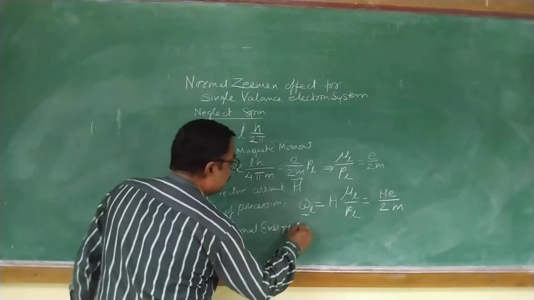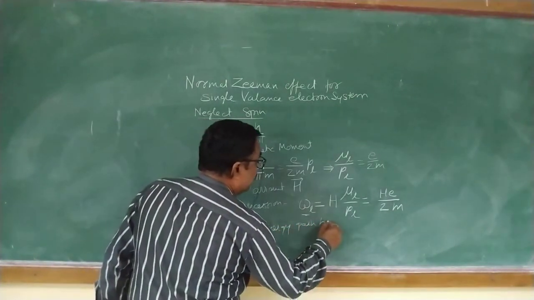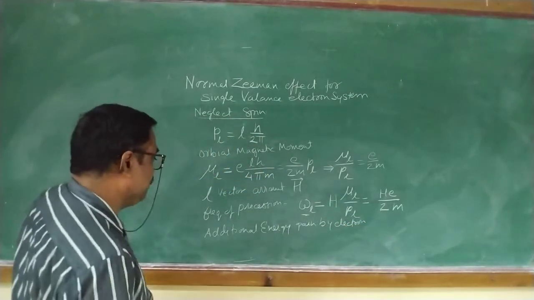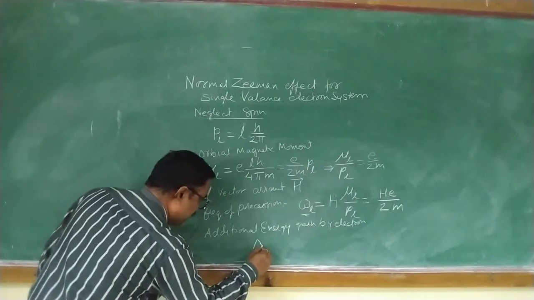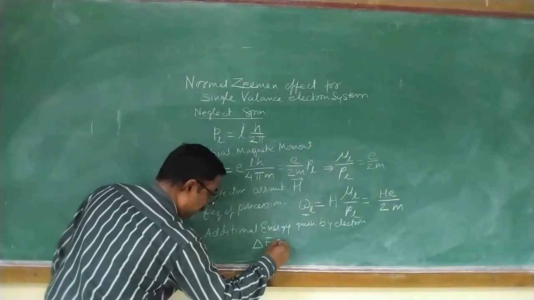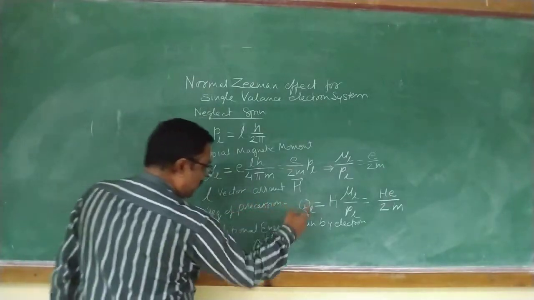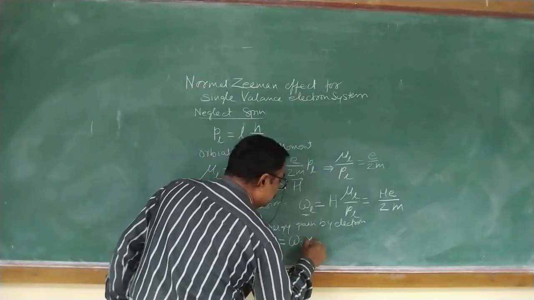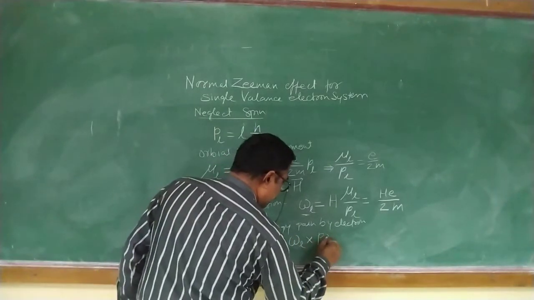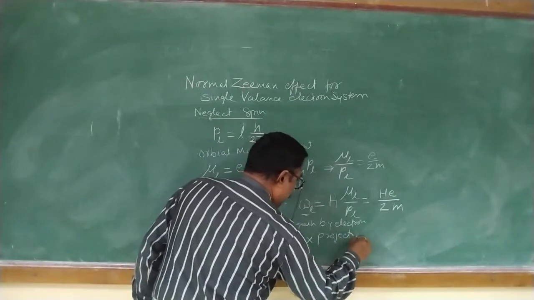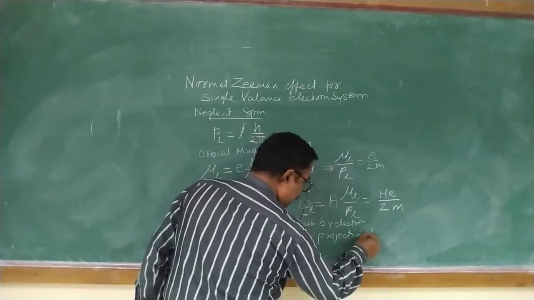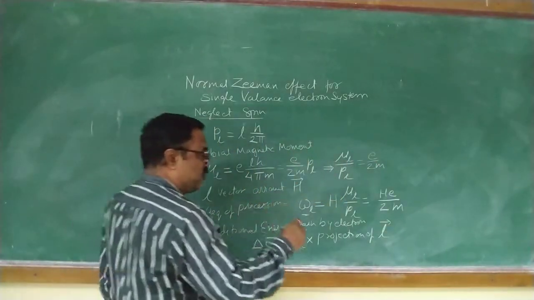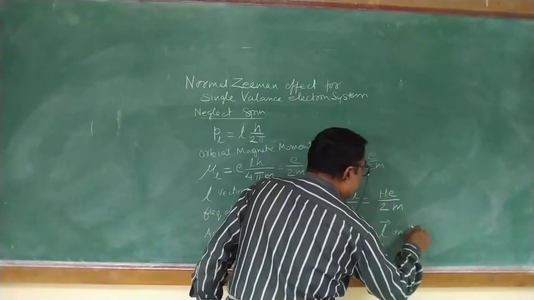This additional energy, delta E, depends upon the frequency of precession multiplied by the projection of vector L on the field direction.